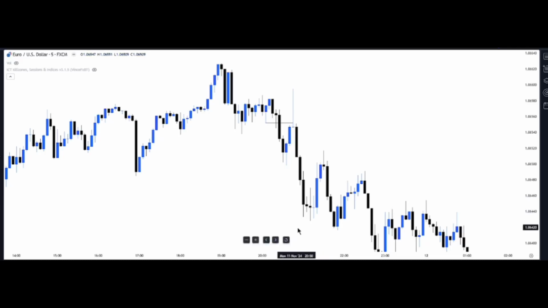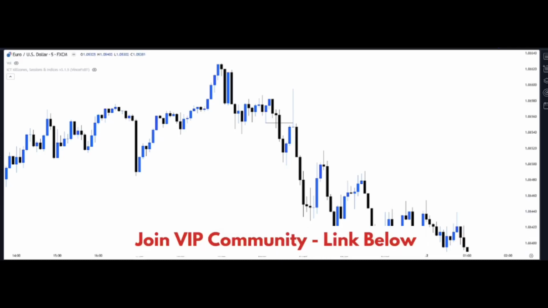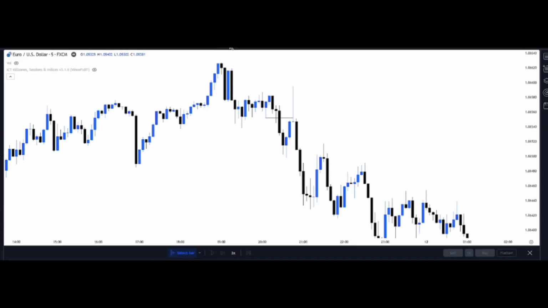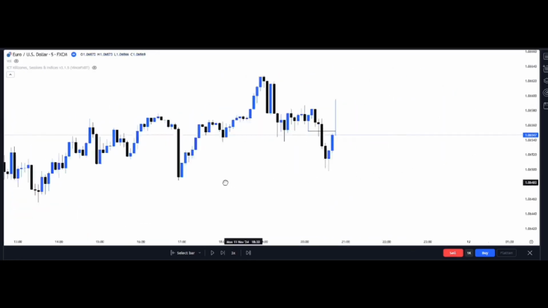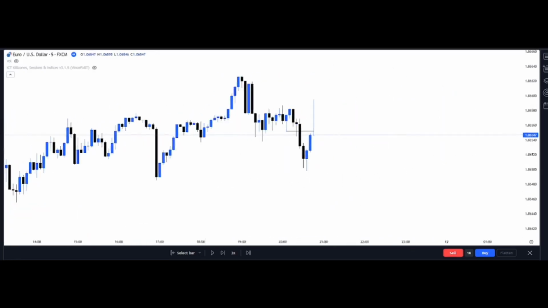So this now becomes our proper, let me use the replay tool here to make it simpler for us to understand. Look at this. So this becomes a proper zone. From this low to this high is our proper zone.